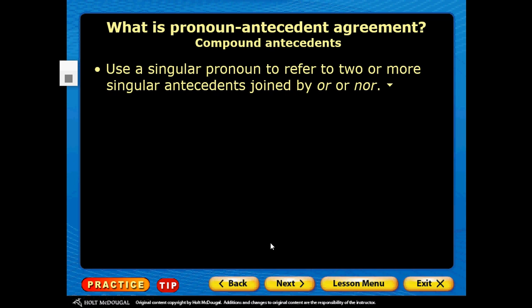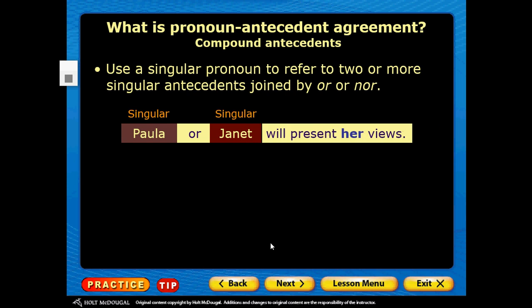Use a singular pronoun to refer to two or more singular antecedents joined by or or nor. So we have a singular pronoun. Paula or Janet will present her views. So or works here as the singular antecedent.